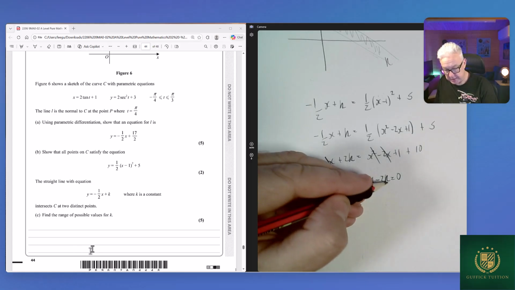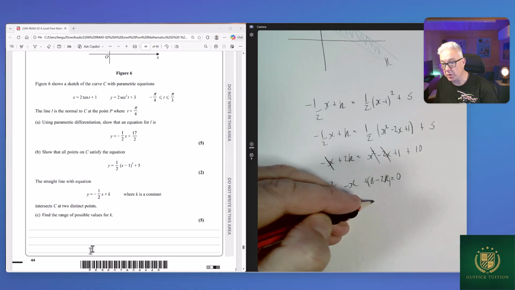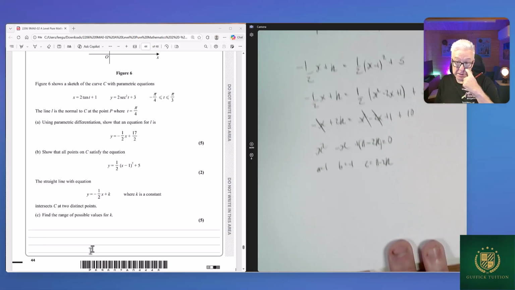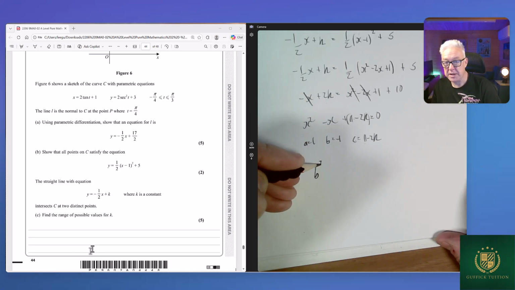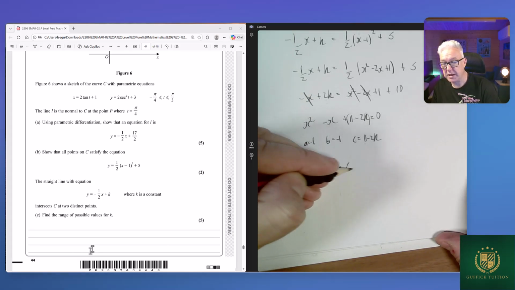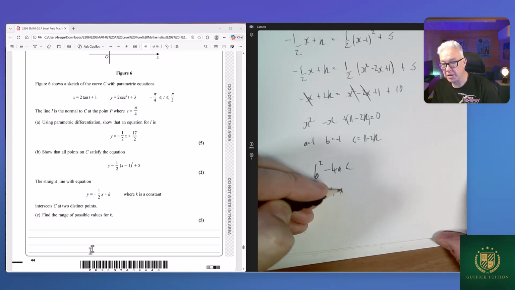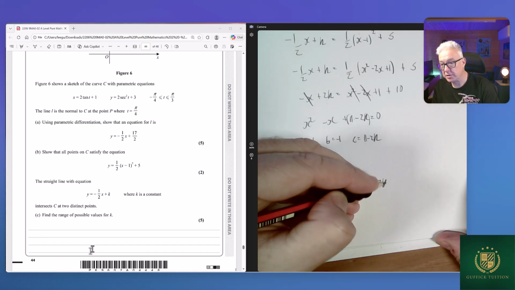So that is my a is equal to 1, my b is equal to minus 1, and my c is equal to 11 minus 2k. So let's evaluate the discriminant as being equal to 0 now. So b squared minus 4ac is going to be minus 1 all squared minus 4 times a, which is 1, times c, which is 11 minus 2k.